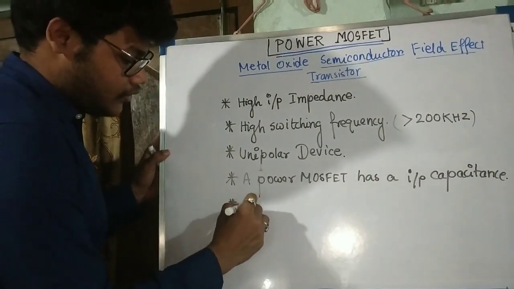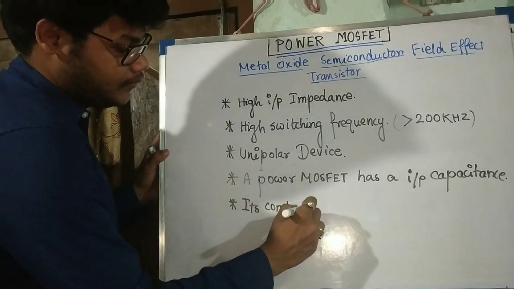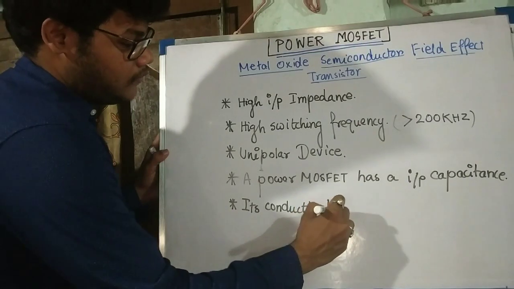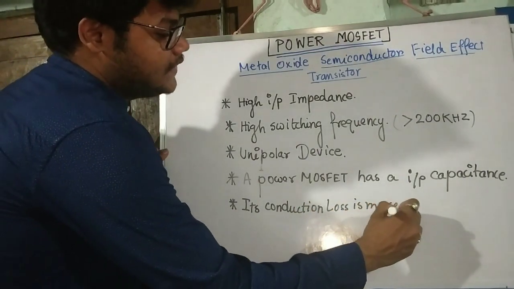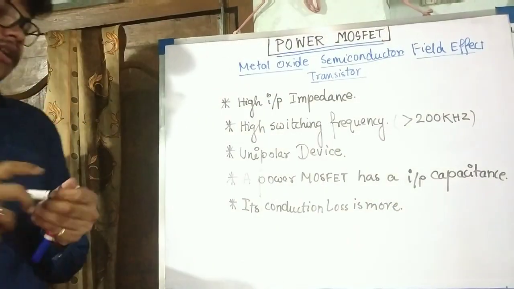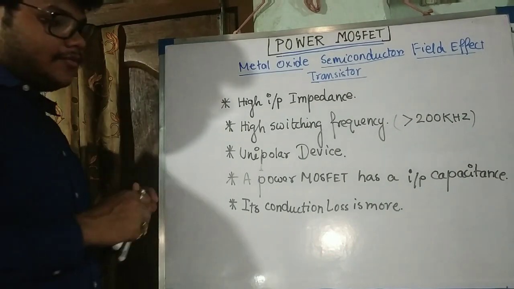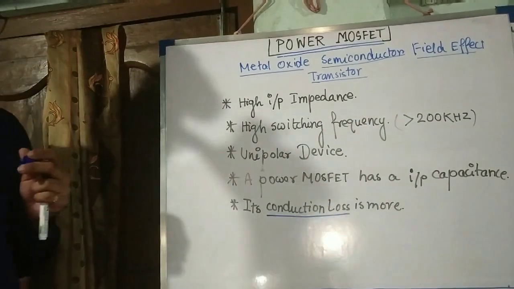Its conduction loss is more. In BJT, the switching loss is more, but in power MOSFET, the conduction loss is more. That's why we can use power MOSFET in the high frequency region.